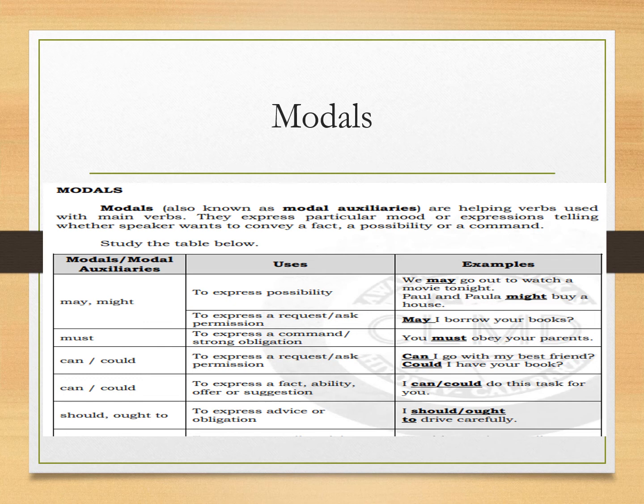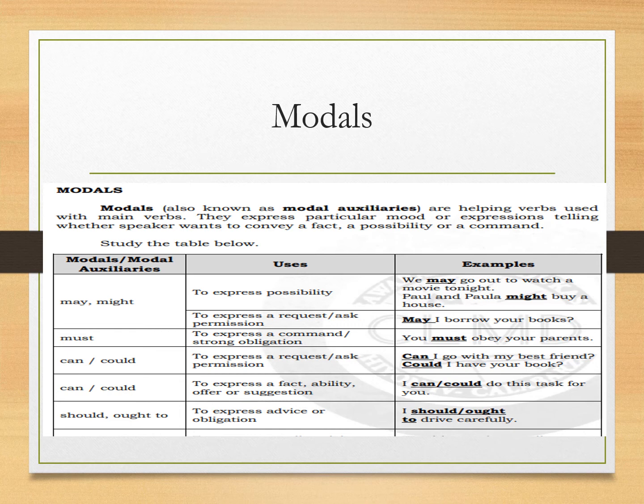Another modal we have is must. Its use is to express a command or strong obligation. Example: You must obey your parents. Can, could express a request or ask permission.